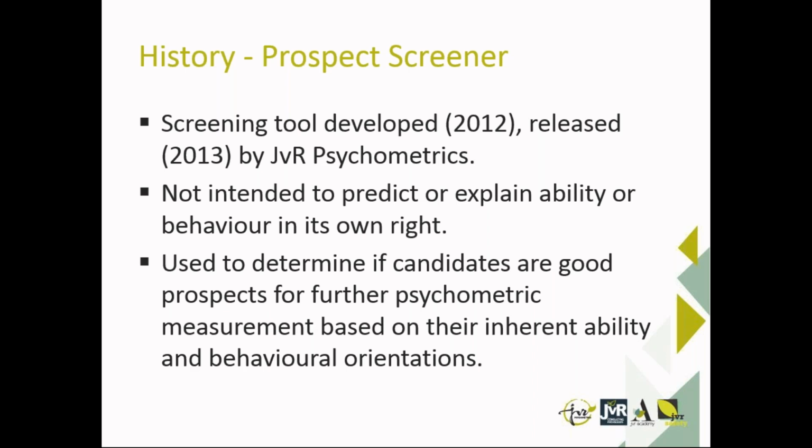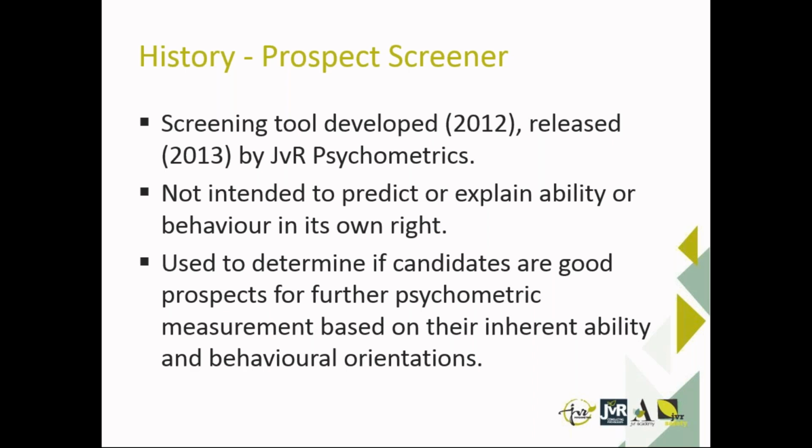While many other screening tools do exist, which measure the basic skills, abilities, and knowledge of candidates to complete specific tasks or jobs effectively, no screening tool had yet been developed at that point that measured basic psychological characteristics for screening purposes.